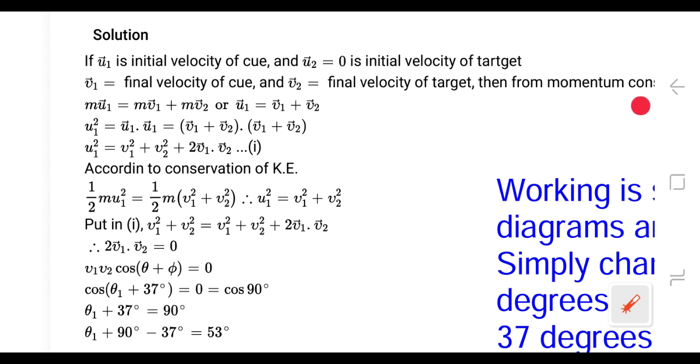For the momentum, before is equals to the momentum after, and the kinetic energy before is equals to kinetic energy after. Conservation of kinetic energy. And again, if you divide half m both sides, you'll be left with u1 squared is equals to v1 plus v2. Already you have your u1 squared there.